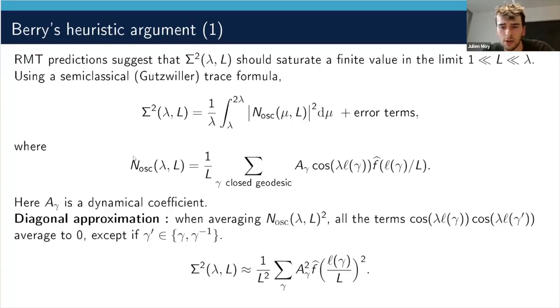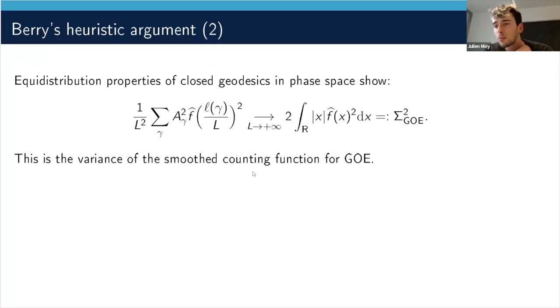However, now this quantity here, the last sum over closed geodesics, can be computed rigorously by tools from dynamical systems. Essentially, this is related to some equidistribution properties of closed geodesics in phase space.